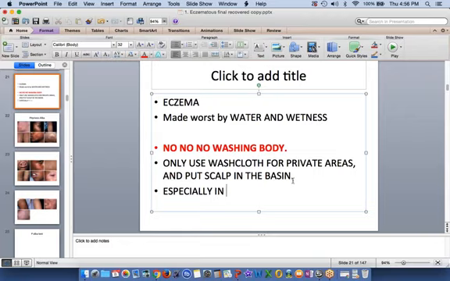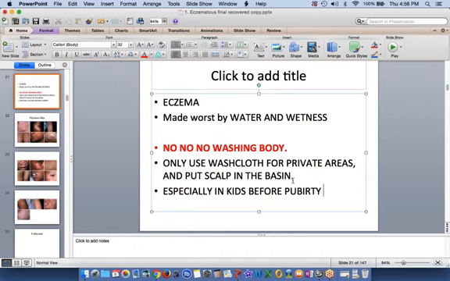Okay? And besides that, I'm going to say especially so where? In kids before puberty, because they do not produce oil. And what keeps the skin from being irritated are the oils that we produce on our skin. Just take my word, this is how it works.